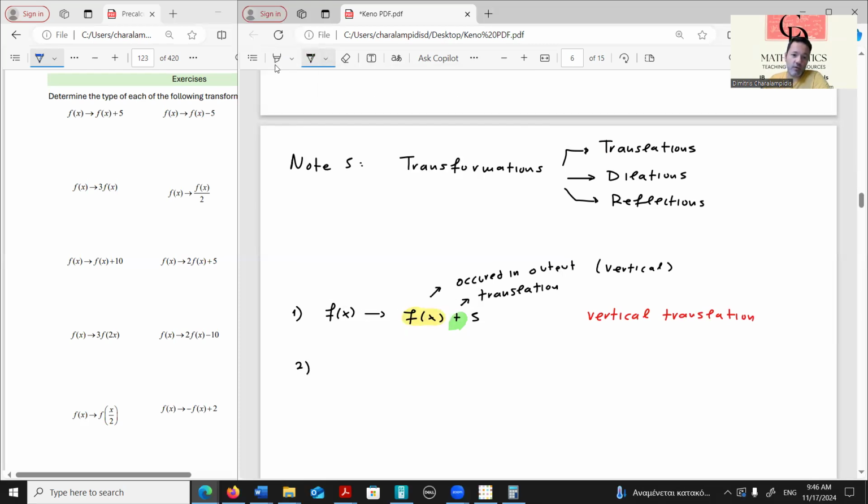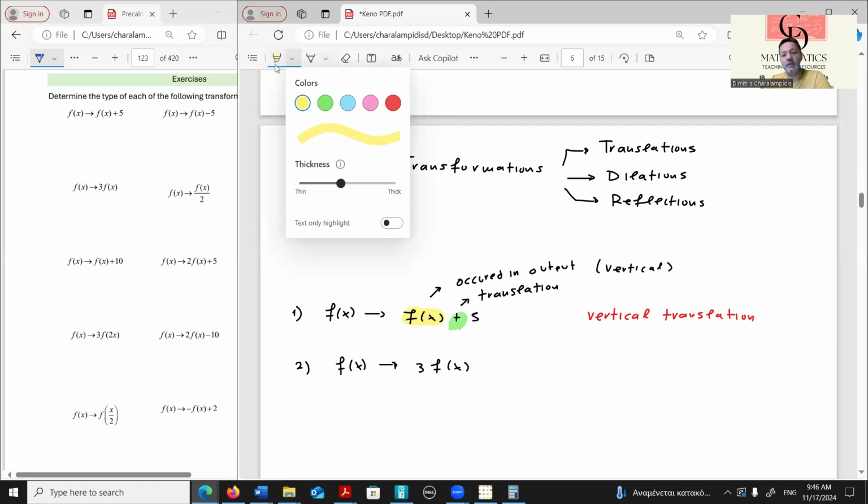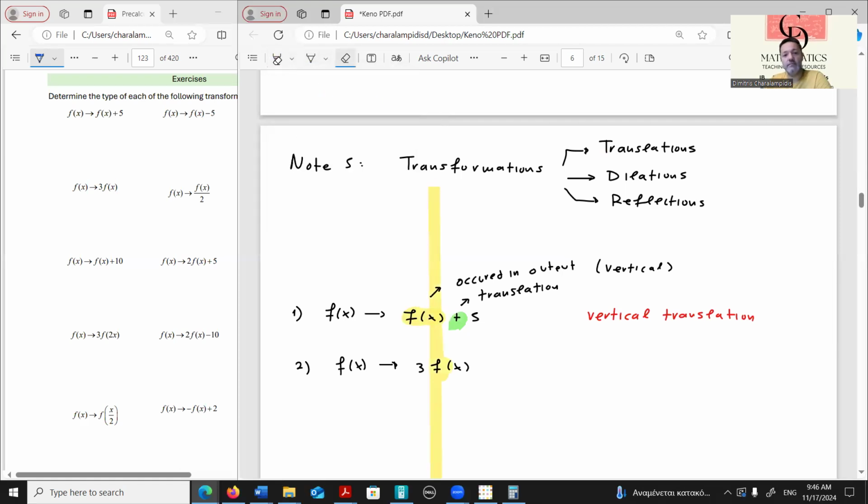Let's move to the second one. From f of x, we move to 3 f of x. Again, here we see that the change occurred to the entire f of x.